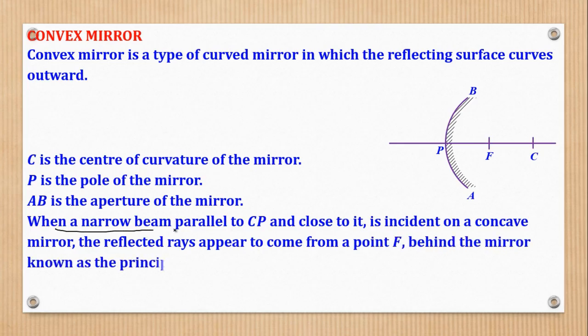When a narrow beam parallel to CP, which is the principal axis, and close to it is incident on a convex mirror, the reflected rays appear... Remember, for a concave mirror, the rays were real, actually passing through the focus, but here they just appear to come from point F, behind the mirror, known as the principal focus.